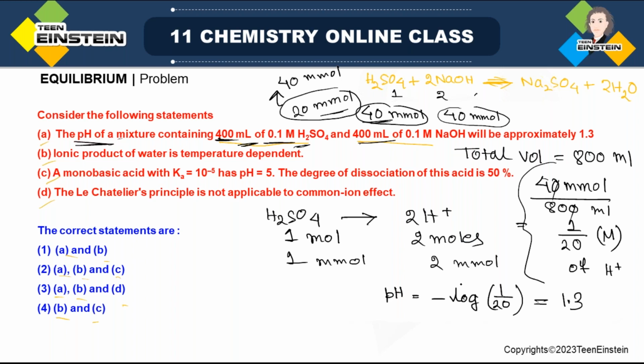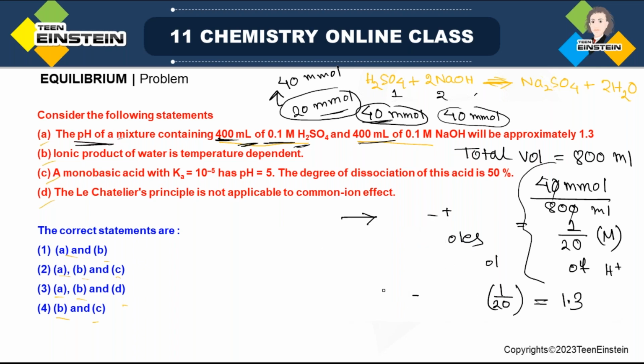Now we have to see the second statement. If A is correct, obviously option 4, where A is not mentioned, is not correct. The second statement says the ionic product of water is temperature dependent.